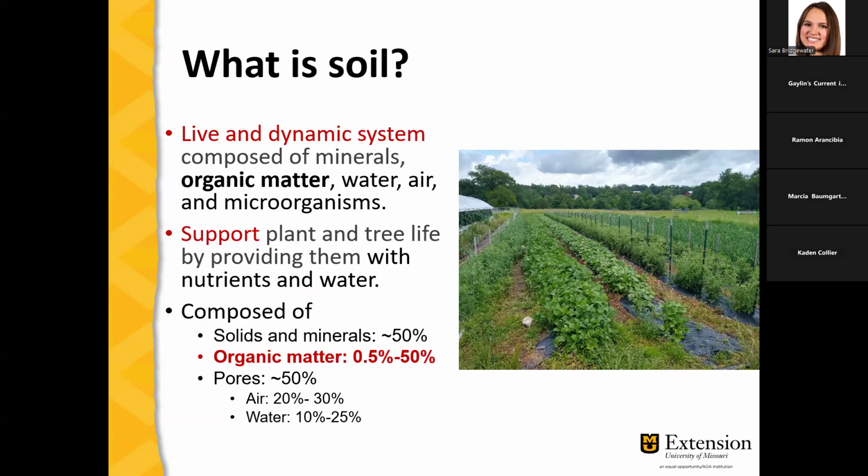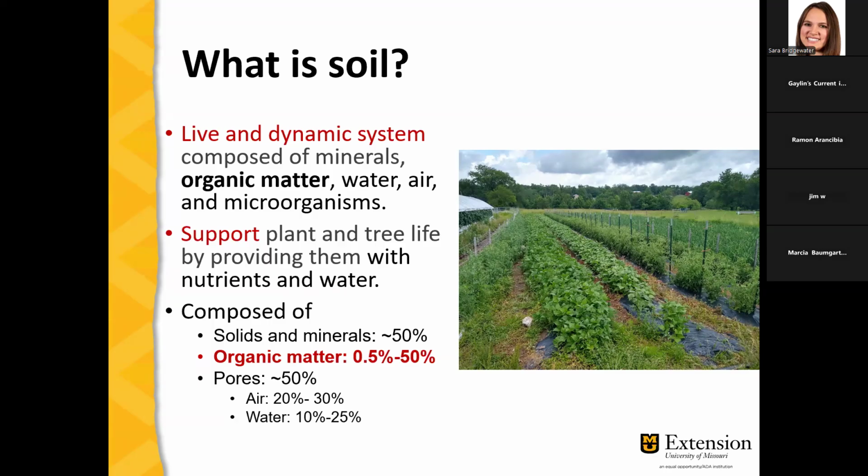It's composed of minerals, organic matter, and that's what compost is going to be related to, water, air, and microorganisms. Here is where I want to emphasize the relationship between organic matter and microorganisms, because organic matter is what sustains the microorganisms. If there is no organic matter, living organisms are unlikely to be in the soil, or only a very small amount.